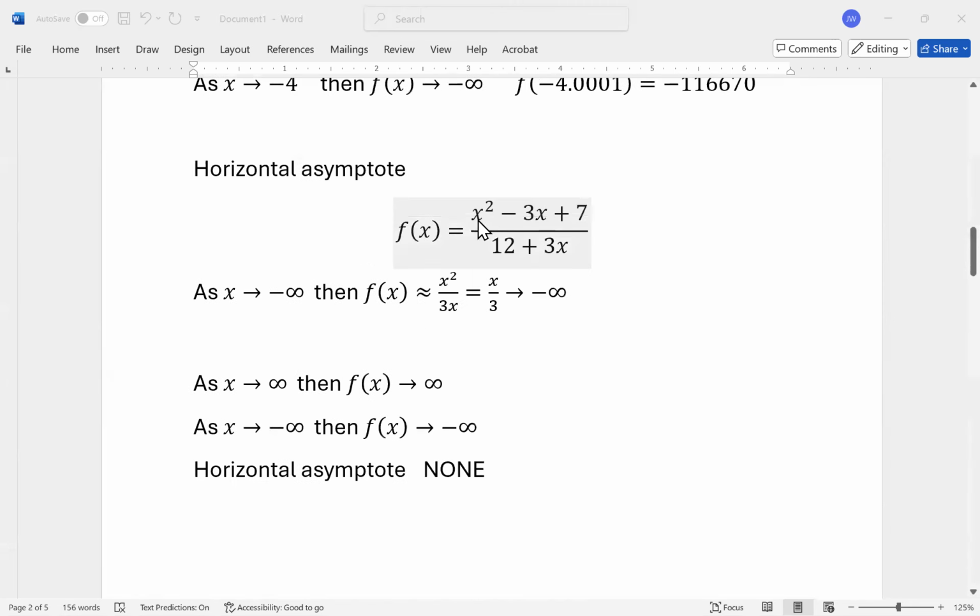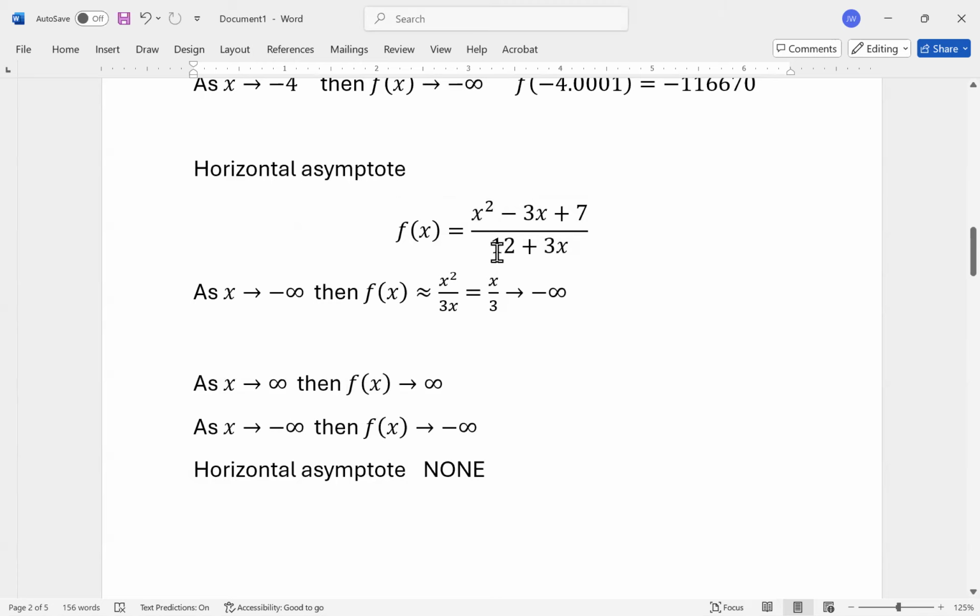When the degree in the numerator was higher than the degree in the denominator, well, then my entire function went off to infinity or negative infinity, depending on the side.